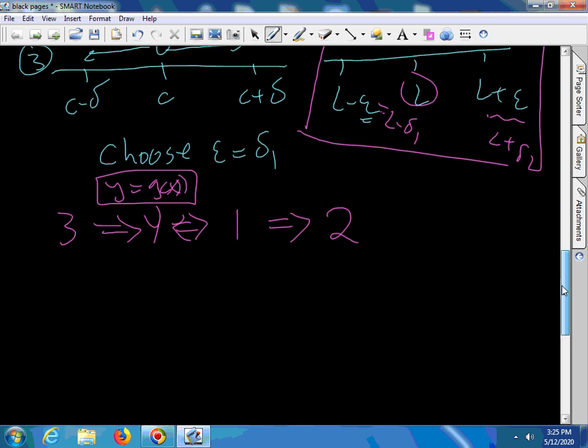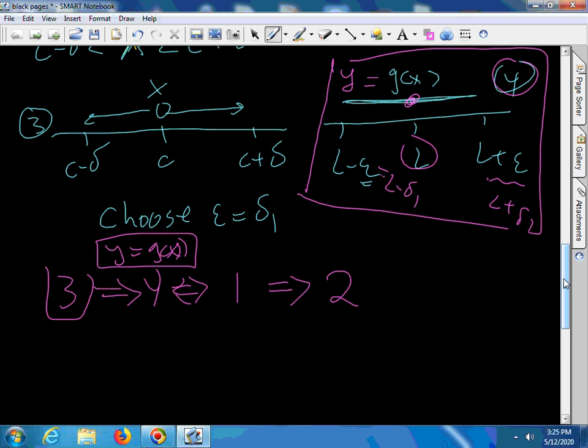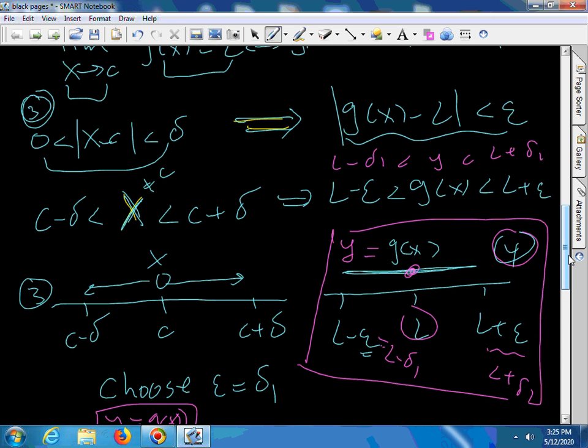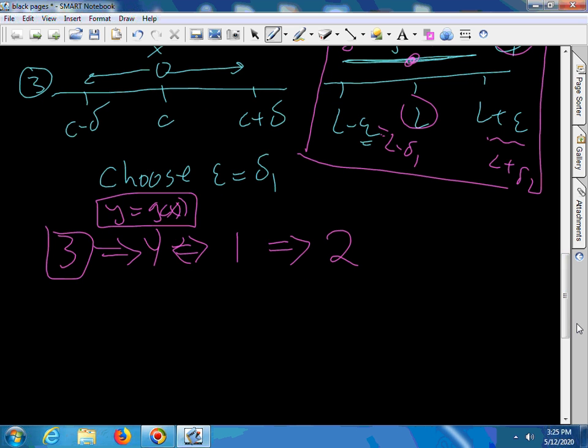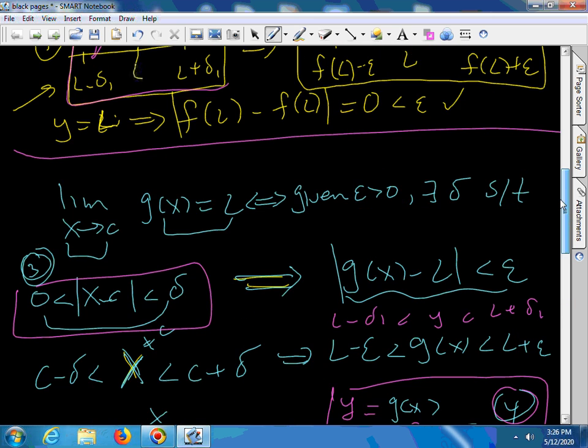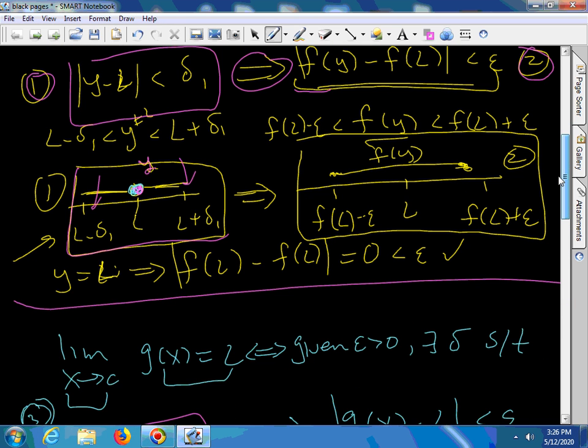Okay, so let's put this all together. Statement 3 says that the absolute value of x minus c is less than delta but positive. That implies statement number 2. Well, what is statement number 2?